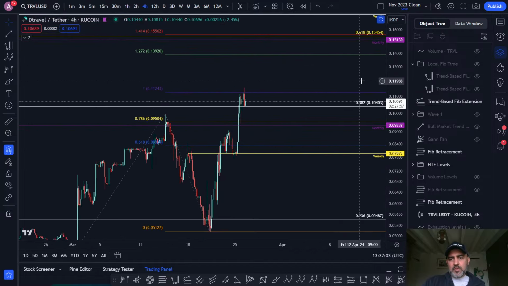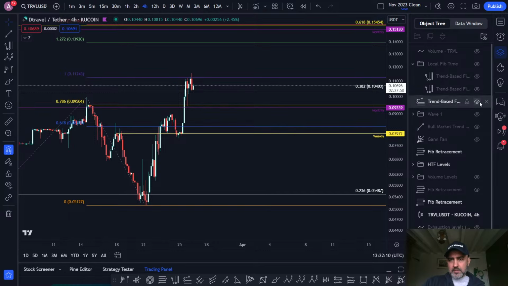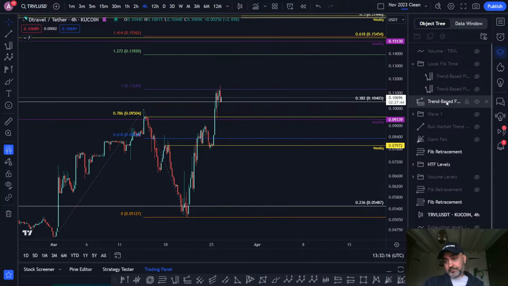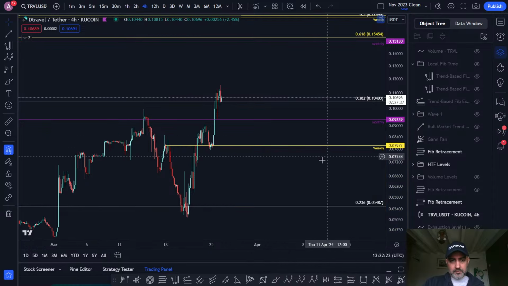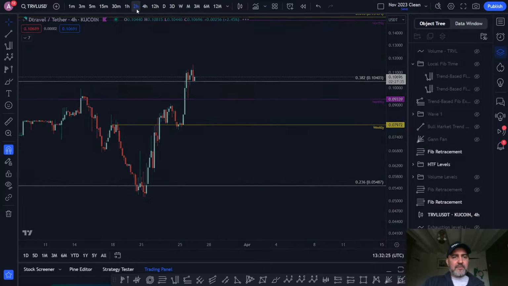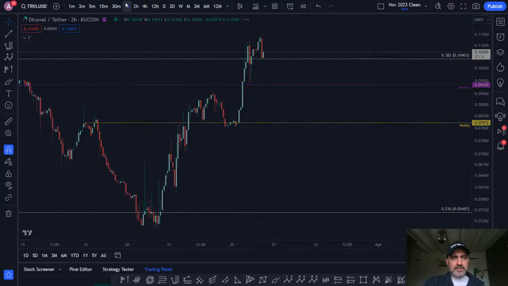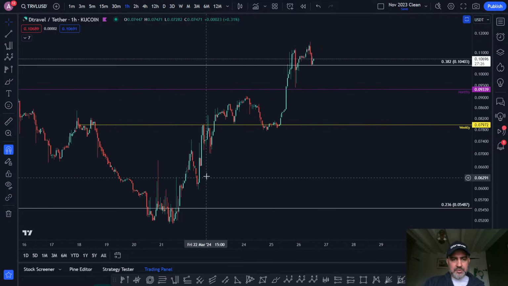So what else am I looking at? Well, look, if we're in a wave 5 now, then you're looking at 1, 2, 3, 4, 5.